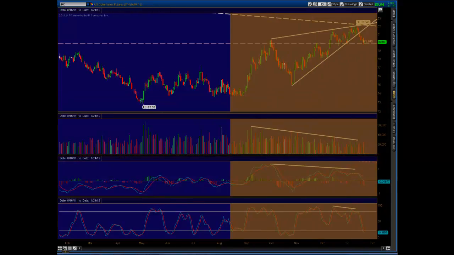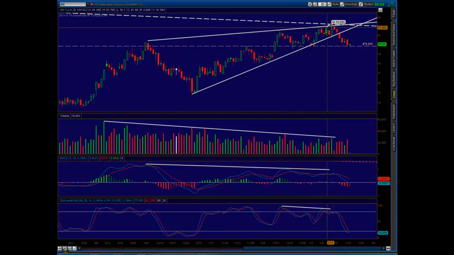We broke down last week when we got to the downtrend line, this dotted line depicted from the monthly chart, and we broke down through this rising wedge pattern. Now we have a little bit of a support area, and I'm seeing that we're probably going to have a couple of days of consolidation before we break through it.